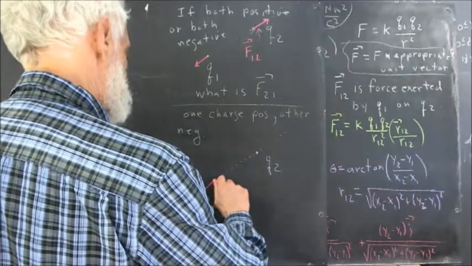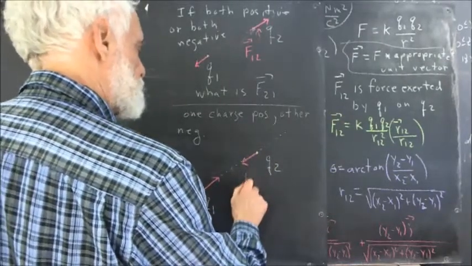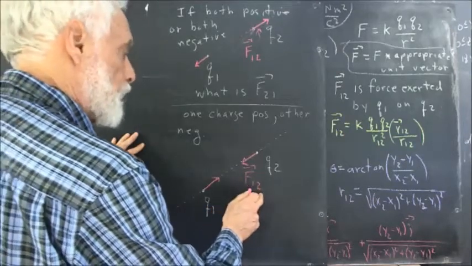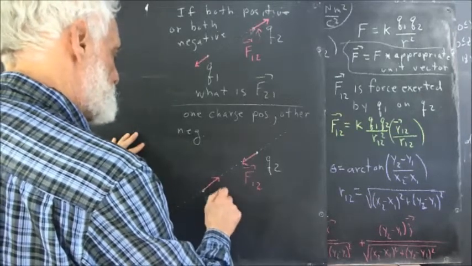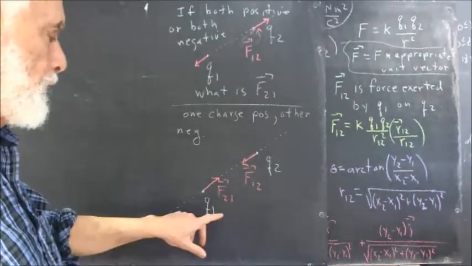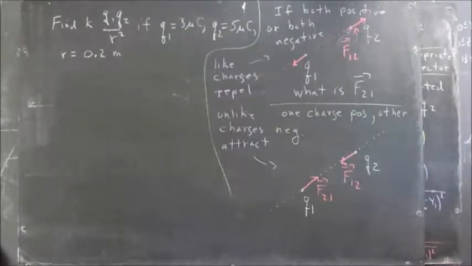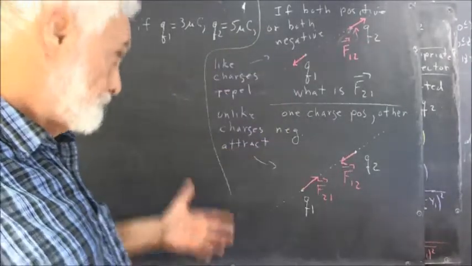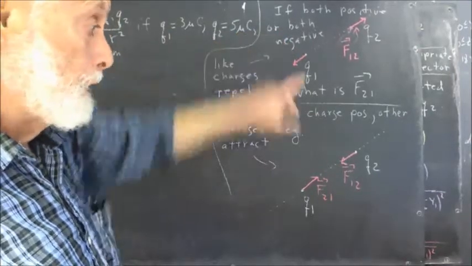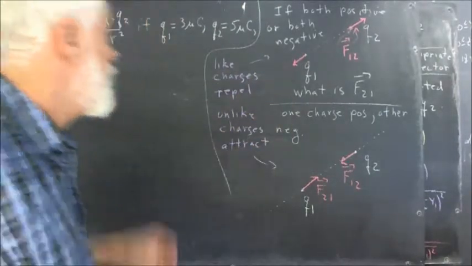And I'll draw the vectors about as long as I did the last time, but the two vectors will be like this, where this is F12, the force exerted by charge 1 on charge 2, and this is F21, the force exerted by charge 2 on charge 1. So we've applied the fact that like charges repel and unlike charges attract. Like charges here, unlike charges here.